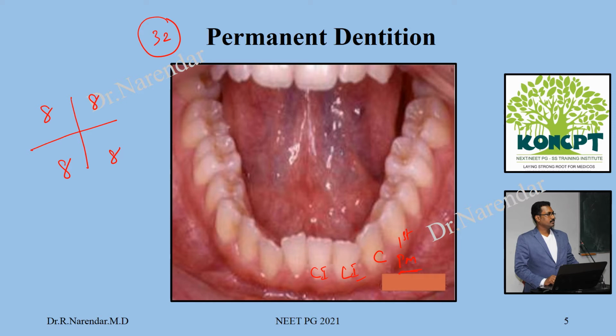Here comes the premolar, this is the second premolar. This is the first molar. This is the second molar, and this is the third molar, or also called as wisdom teeth.